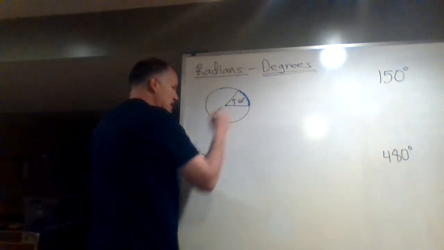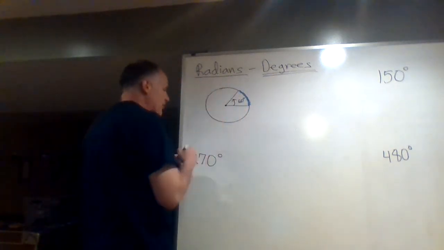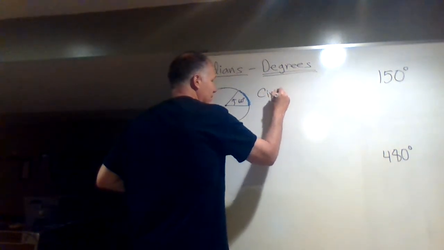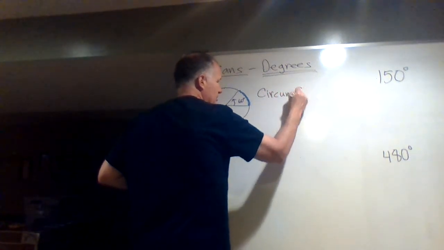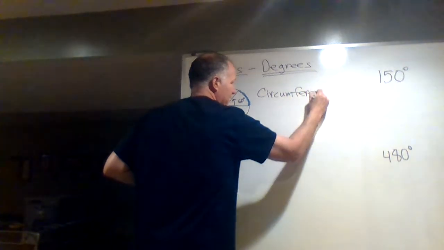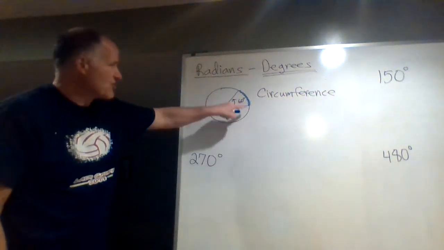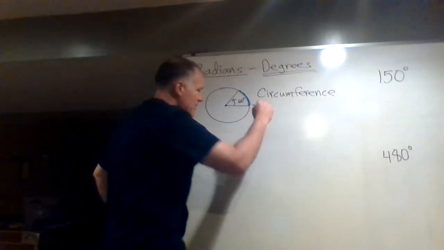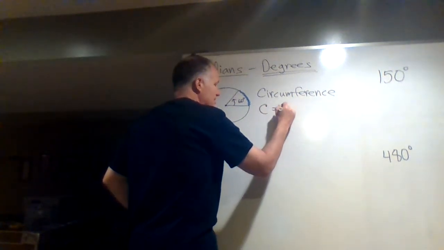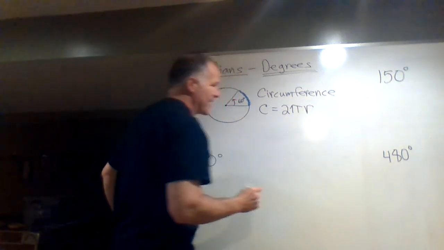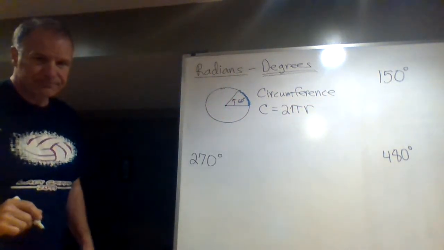If you remember, around a circle is the circumference from geometry, which is all the way around. And circumference is 2 pi r. Remember that? 2 pi r.